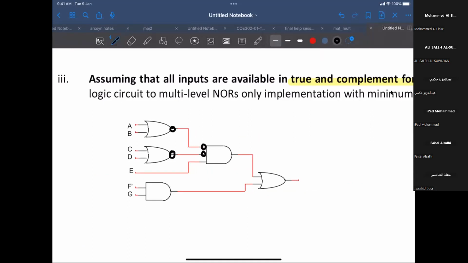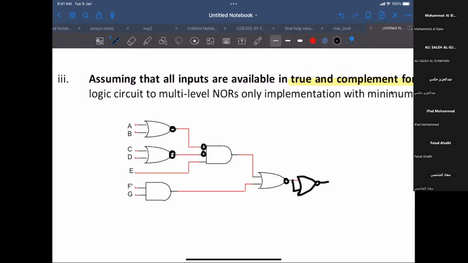Now this one also, we need a bubble here, and then another inverter, which should be a NOR gate. NOR gate, right?